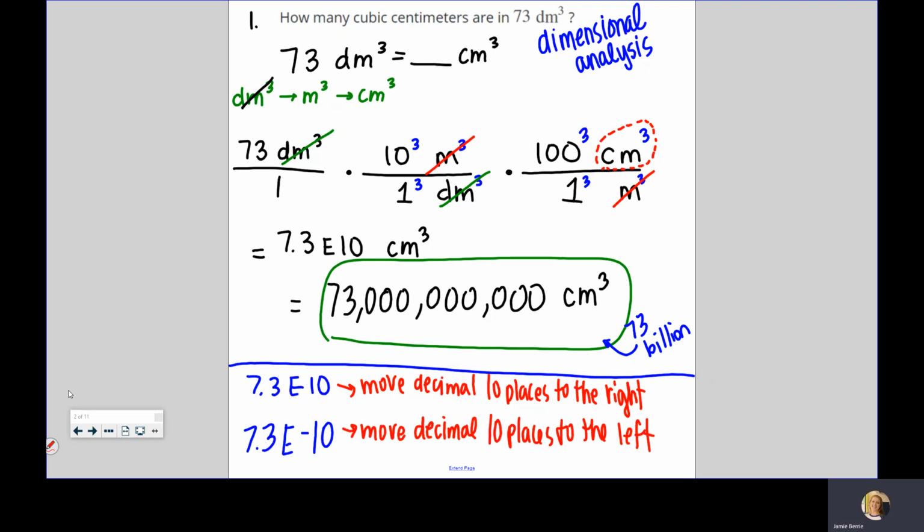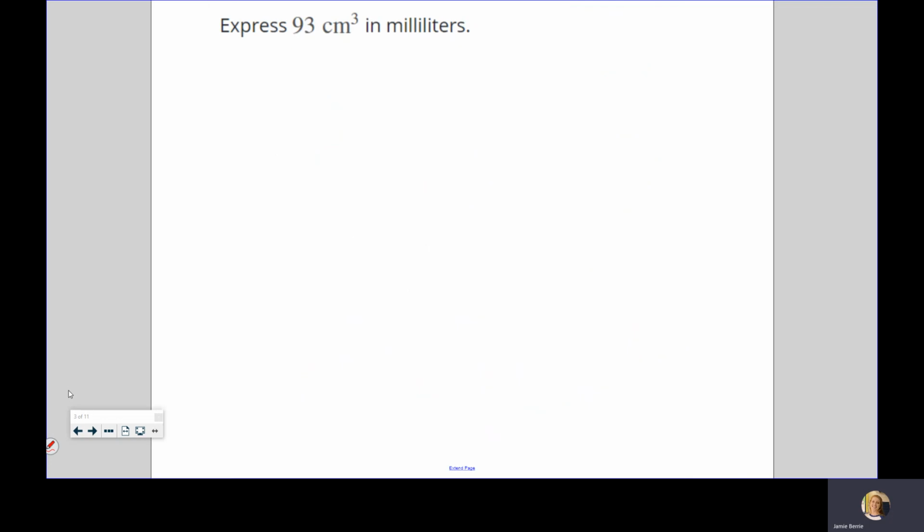All right, let's look at one that's a little bit easier. I really like this one. This is a good one for the test. This is number 2. It says express 93 cubic centimeters in milliliters.